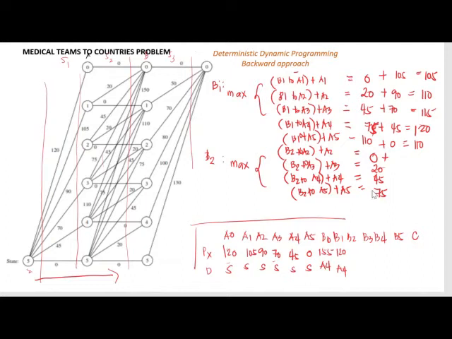So, next, let's bring in the A2, A3, A4, etc. Okay? So, 90, 70, A4 is 45, and 0. So, 90, 90, 90, 75.